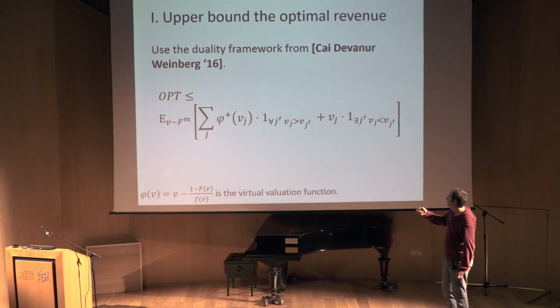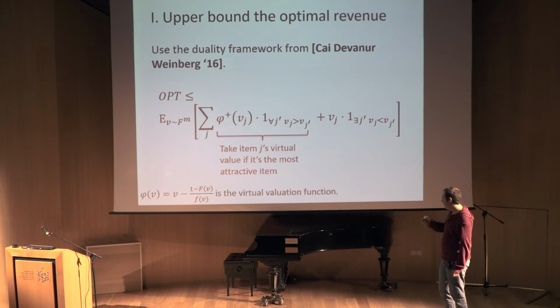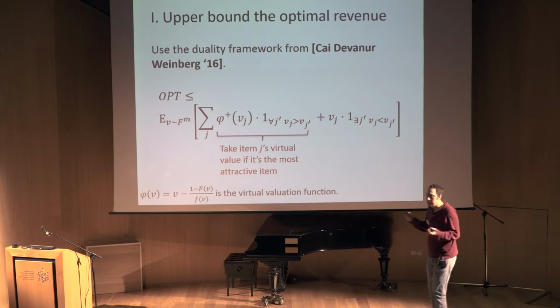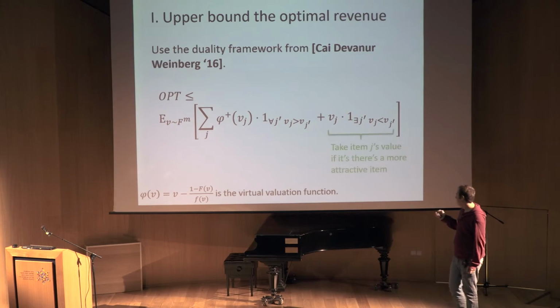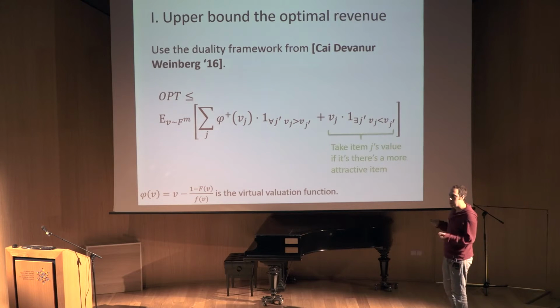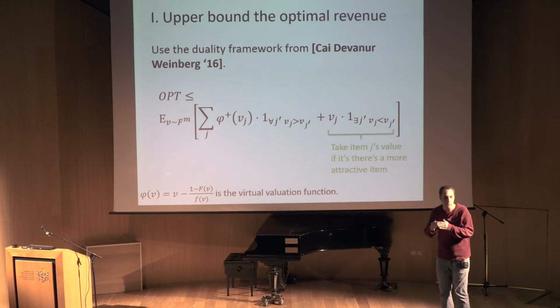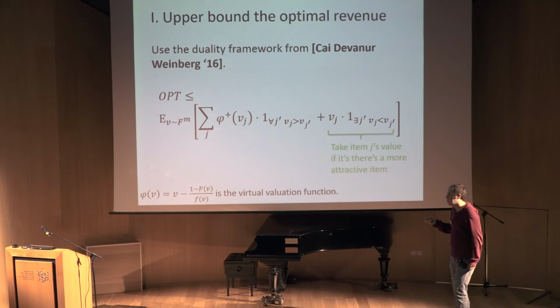And we sum over all the items. And for each item, we have 2 options. Either the item is the most attractive item for the bidder, the one with the highest value. In this case, we take the item's virtual value. Or there's some other item which is more attractive to the agent, and then we just take the value. So we truncate the favorite item at the virtual value, basically. This is what this upper bound gives us.